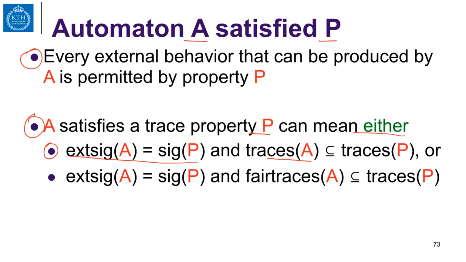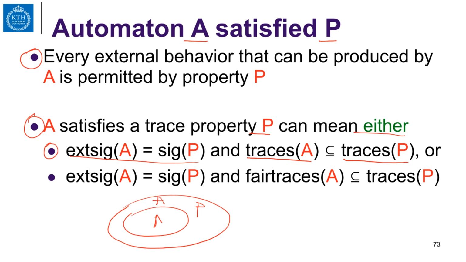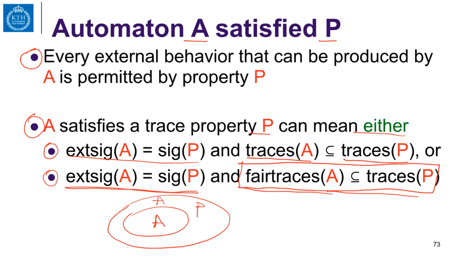And the traces of A is a subset of the traces of P. So here are the traces of P and the traces of A, and the traces of A here is a subset of the traces of P. The other alternative is that, of course, they have the same external actions, but the fair traces of A is a subset of the traces of P. In fact, for most of the problems, this is what we are interested in: that the fair traces of A are a subset of the traces of P.